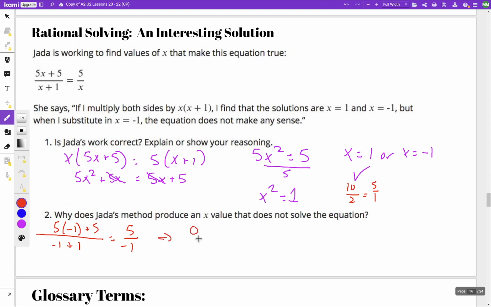We end up with 0 over 0 equals 5 over negative 1. Huh. Well, is that true? Okay, that's different. What is 0 divided by 0?